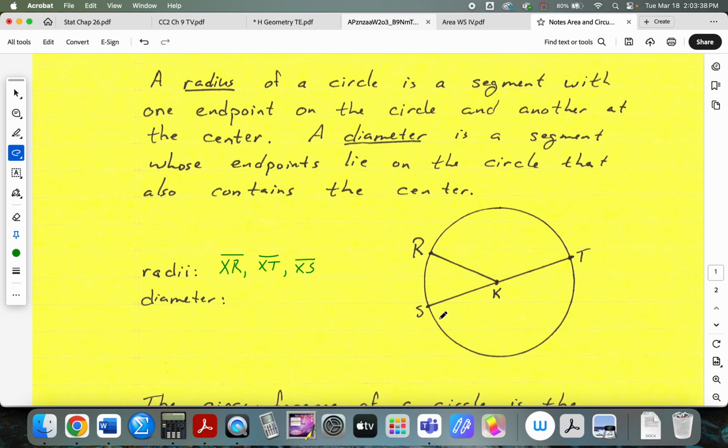There's only one diameter shown here. There are other diameters, but they just aren't drawn in. It is segment ST. It has to go all the way from one side of the circle to the other, going through the center.